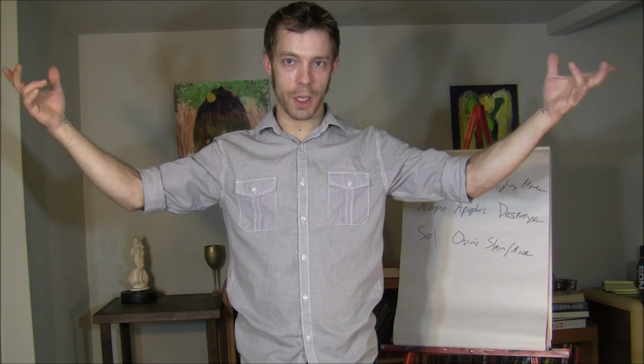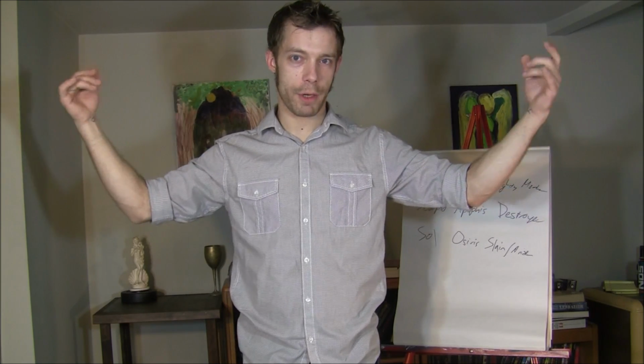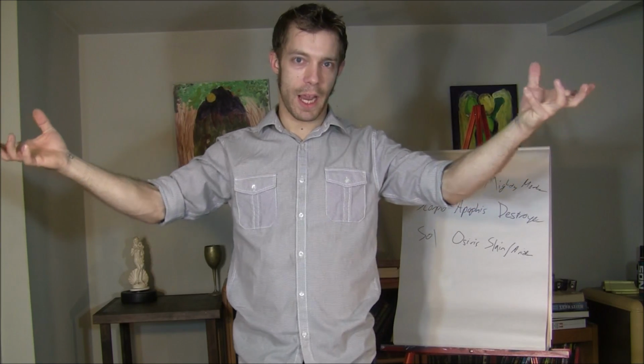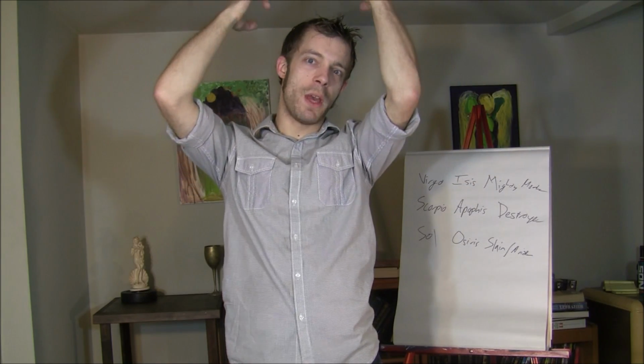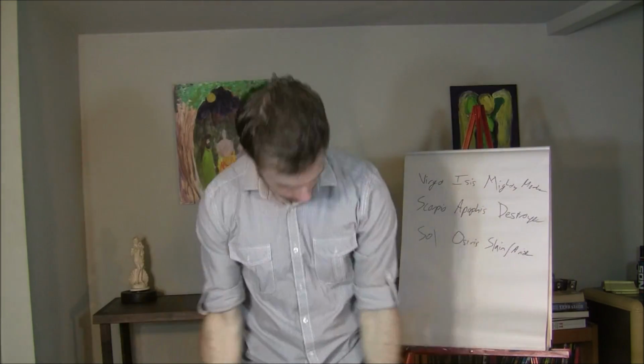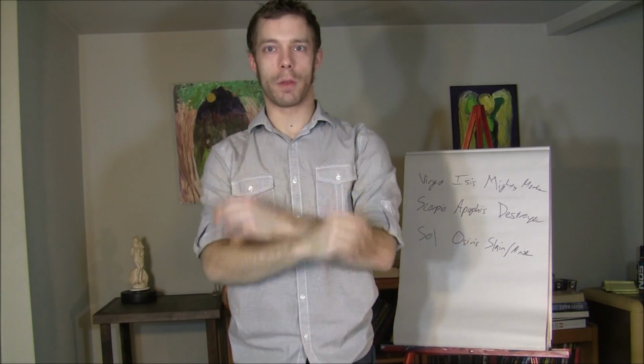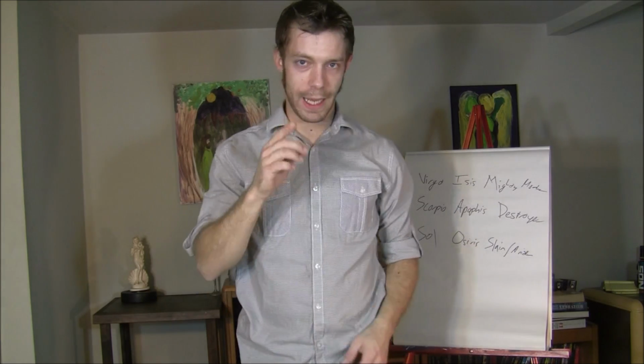So we've put ourselves through it, and now we're calling those universal powers to answer our call. Virgo, Isis, Mighty Mother, Scorpio, Apophis, Destroyer, Sol, Osiris, slain and arisen. And then we call up to the sky. Isis, Apophis, Osiris, E-A-O. Let the divine light descend. We just let it flood into our space. That's the analysis of the keyword.